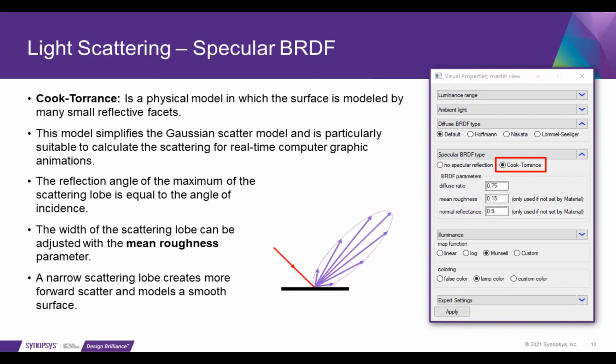The Cook-Torrance scatter model is a simplification of the Gaussian scatter model, and is therefore very suitable for real-time computer graphic animations. Using the parameters in this dialog box, you determine the ratio of the diffuse BRDF scattering. The parameter mean roughness allows you to change the width of the scattering lobe to model the roughness of the surface. A high value models a rougher surface, a low value a smoother surface.